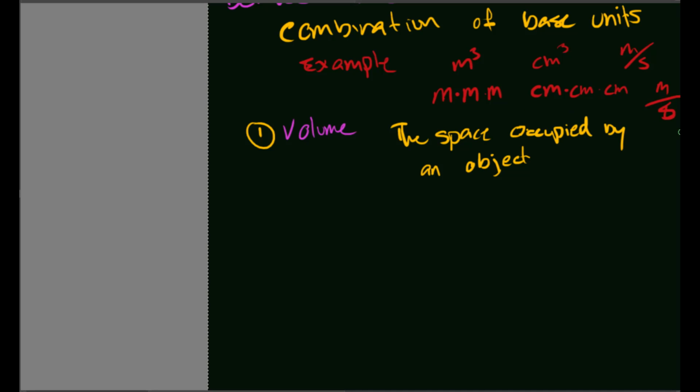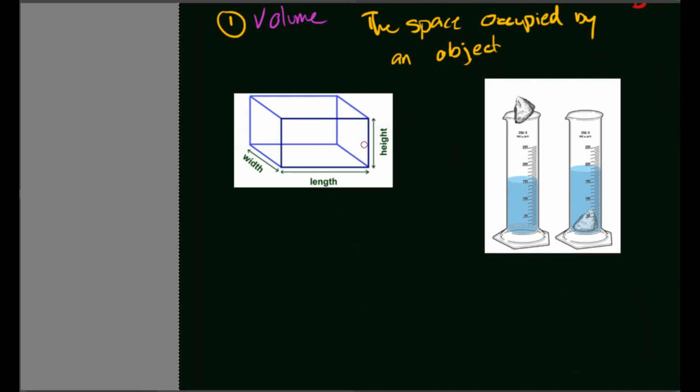So for example, we have these shapes, right? This is a cube. So how do we find the volume? It's just length times width times height. So let's just say that this was 1 meter, and the height was 1 meter and the width was 1 meter, right?